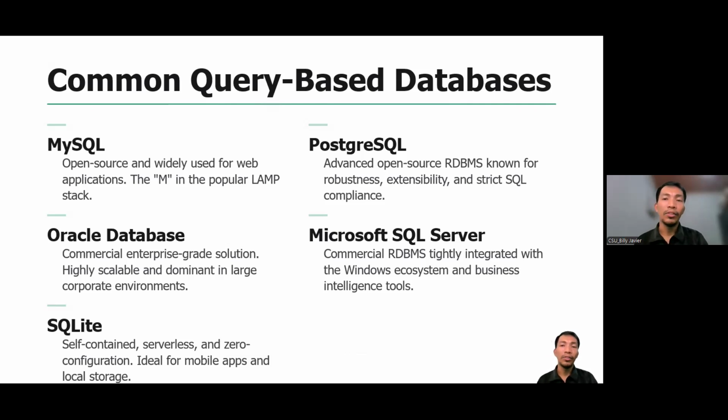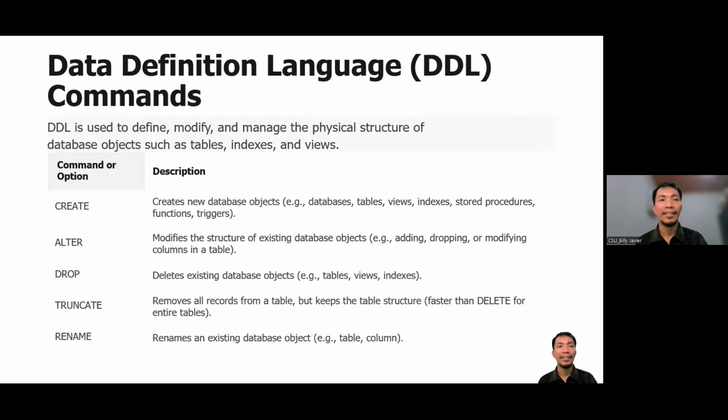Now, let's dive into the specifics of DDL. DDL, or the data definition language, is how we build and shape the very foundation of our databases. It's the architectural blueprint for our data.